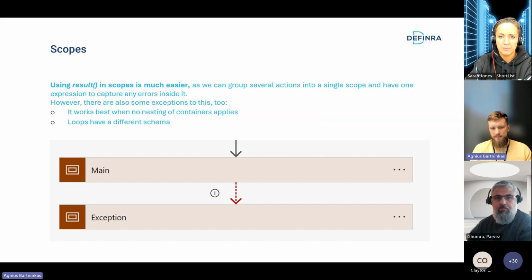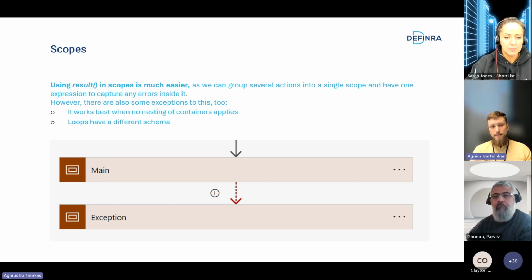But the same schema that you apply to the condition will not work for all of the other actions inside your scope that are outside of the condition, because they're in the first level of the containers, whereas whatever is inside the condition is in the second level of the containers. And that needs a different schema.